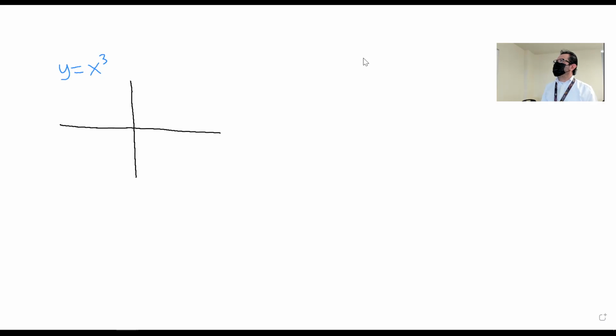The graph of y equals x to the 3 is something like this, if you remember. Now let's see a few examples about what compression and stretching means.